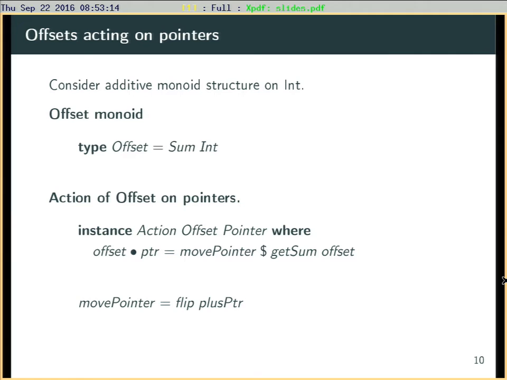This offset acts on pointers by just shifting. Offset times a pointer is that pointer shifted by this offset. So that's fine. We can show that this is indeed an action, that the laws for pointer action are valid.